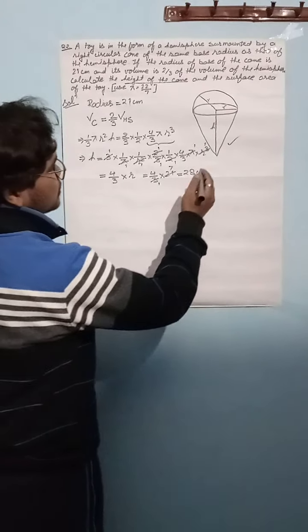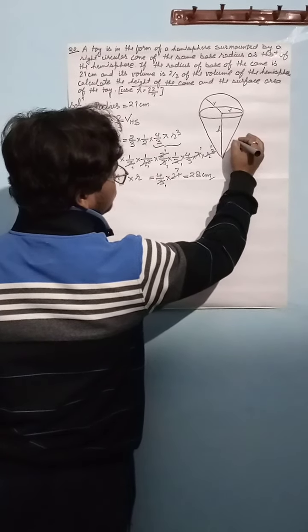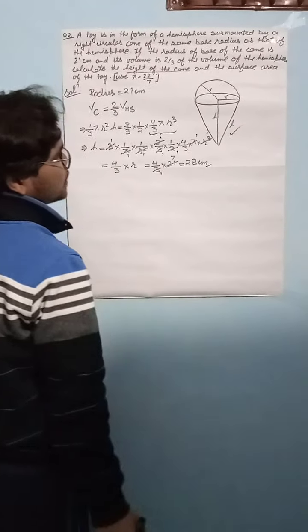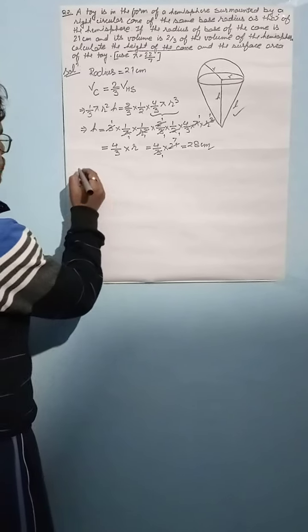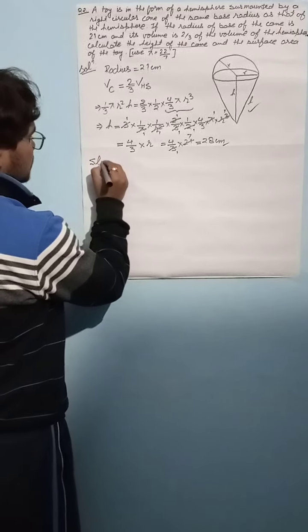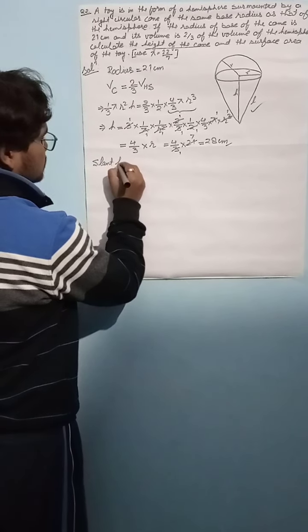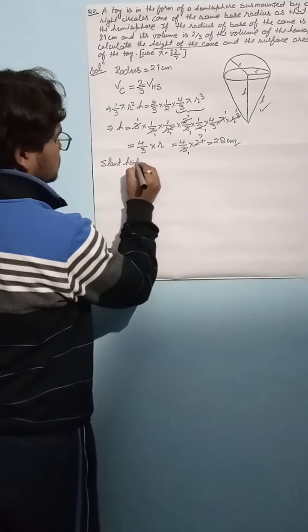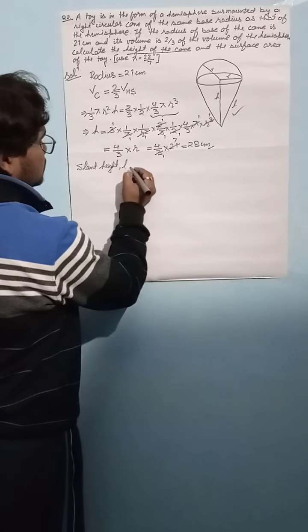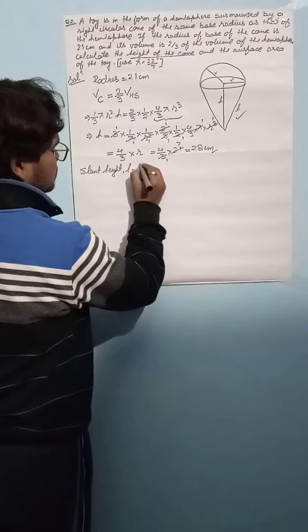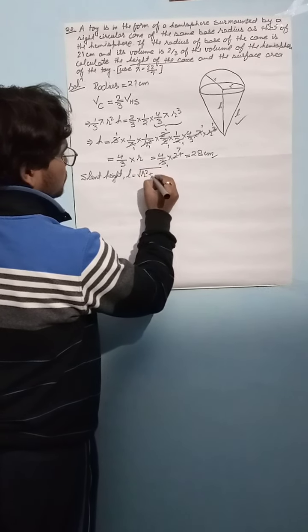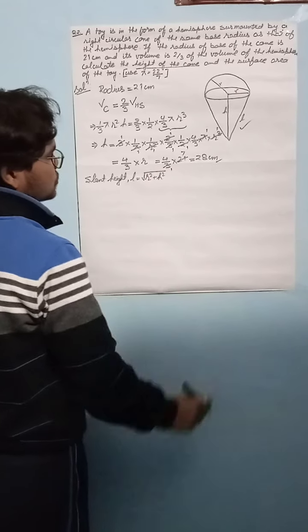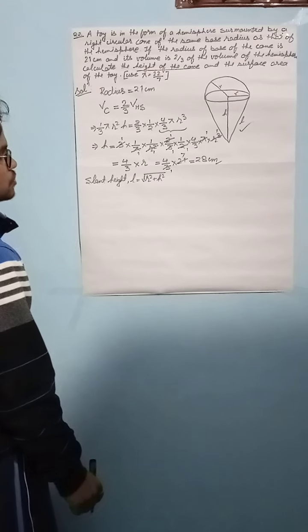For that we have to find the slant height of the cone. Slant height, we name it L, which is equal to the square root of R square plus H square.